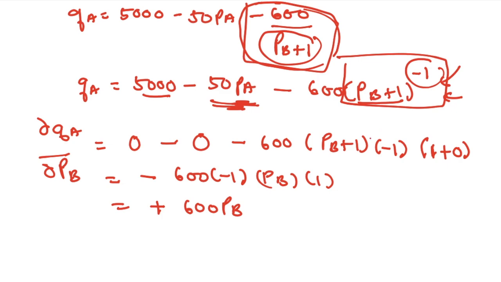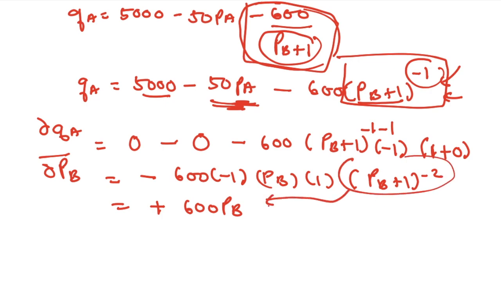But I forgot one thing here. This one minus 1, minus 1. Then we have, okay, here PB plus 1 to the power minus 2. How do we rewrite this? Then I can write it this way, but then it becomes PB plus 1 squared, no longer minus, because you already changed it to the denominator here.